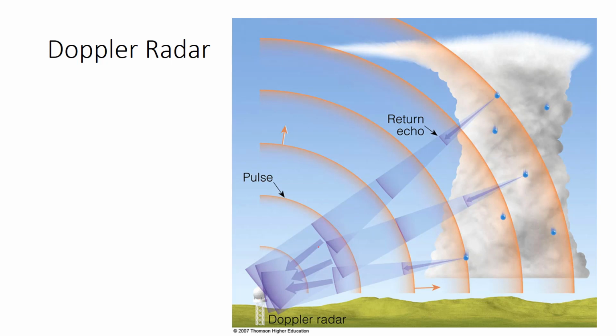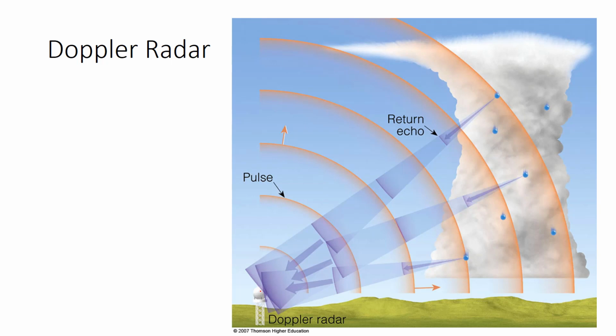And then what happens is that pulse, as it's traveling outwards, it's a certain frequency designed especially to be sensitive to raindrops. And then the pulse hits all of the raindrops and bounces back in what's called a return echo. That same device that sent out the pulse also is a sensor for those return echoes.